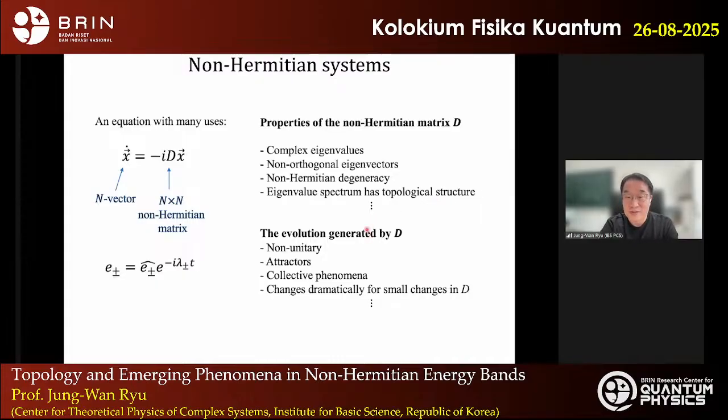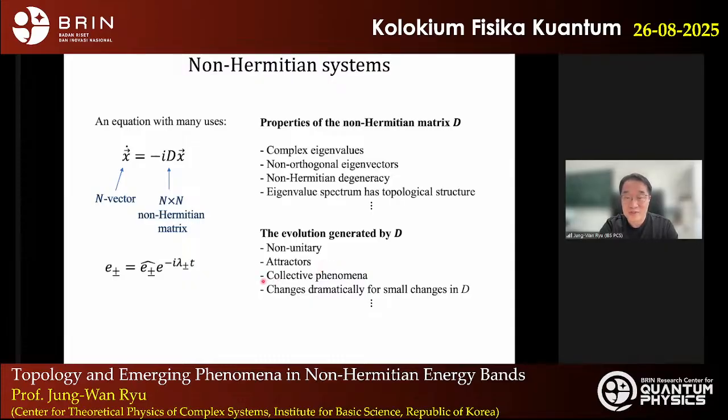Okay, if we think about the time evolution of a non-Hermitian matrix, this time evolution is non-unitary, and they can make a kind of attractors. It means in a Hermitian system, in the general case, they have extended modes. It's not easy to achieve localization in the general case, but in a non-Hermitian matrix, localization is very well achieved in a very simple situation.